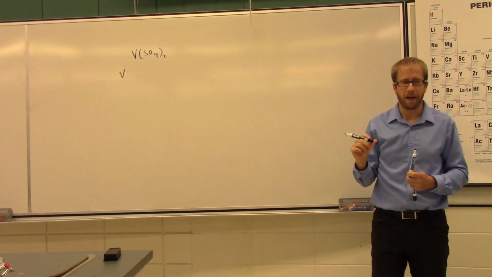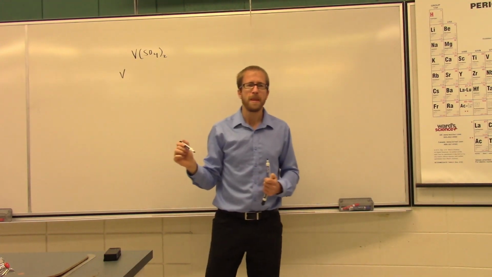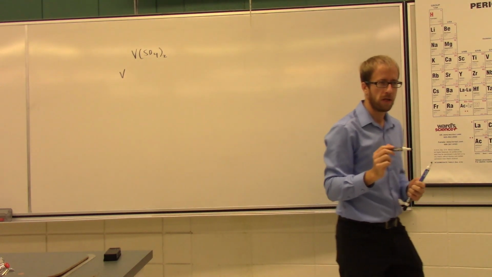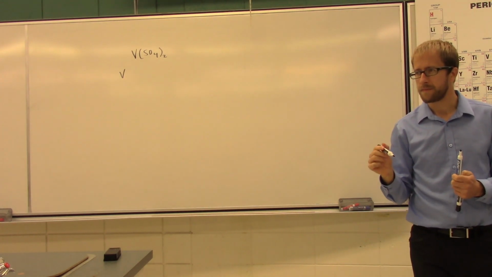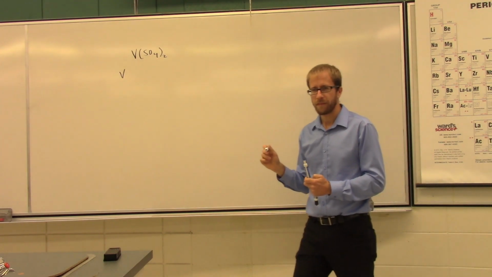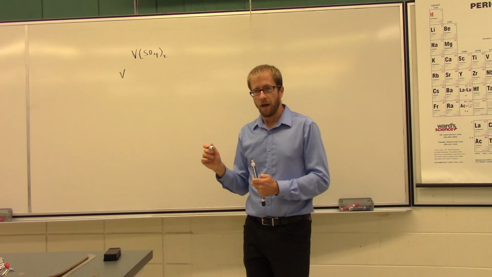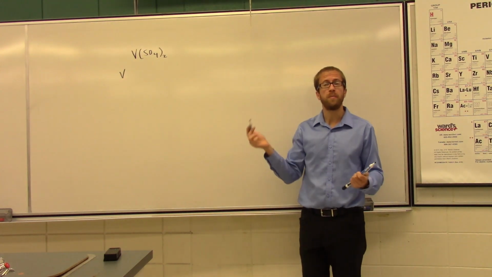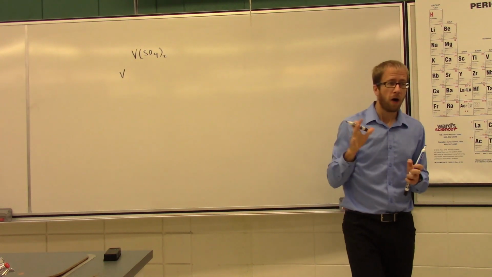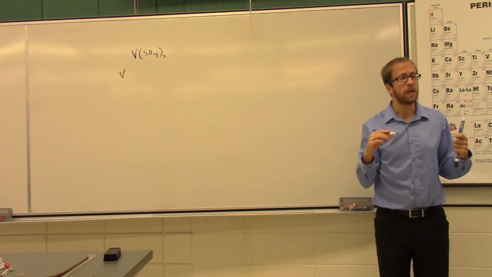First off, what is that ion? Sulfate. How can you tell if a compound contains a polyatomic ion? How can you tell? It has more than two elements in it. If it has two, it's binary, right? Every other compound we're going to look at this semester is going to be a binary compound.